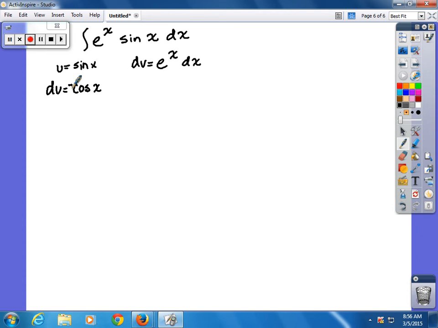Just cosine. And v is equal to e to the x. So that's going to give us sine of x e to the x, minus the antiderivative of e to the x cosine x dx.